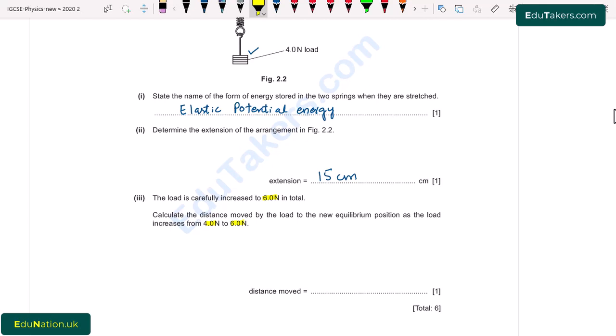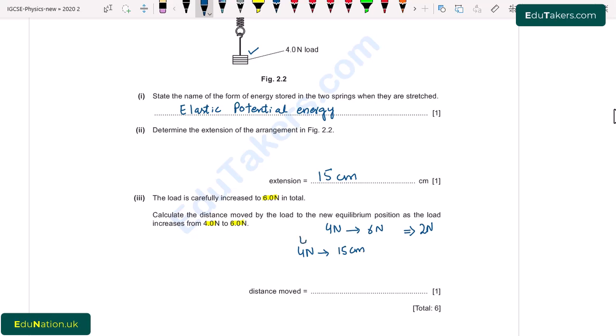So first of all, when the load is 4 newton, then it is increased to 6 newton. So the total increment will be 2 newtons in load. Then we also know that when load is 4 newton, the corresponding extension is 15 centimeter.